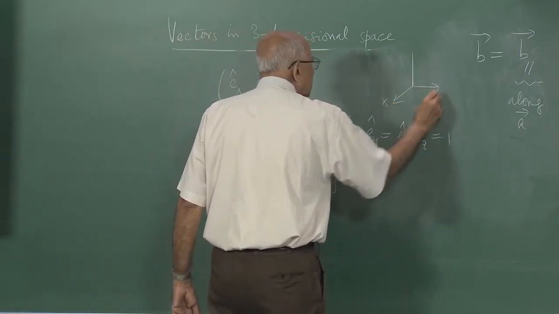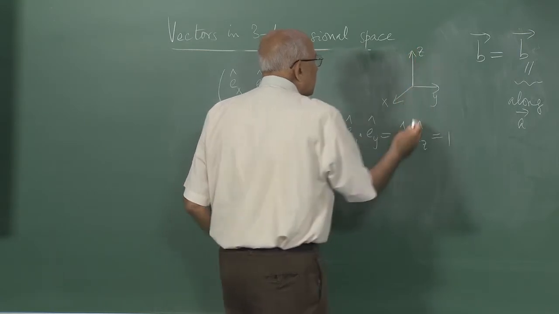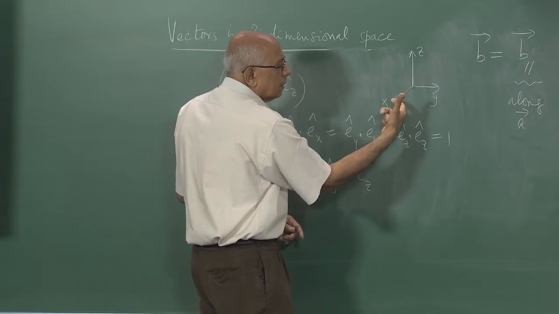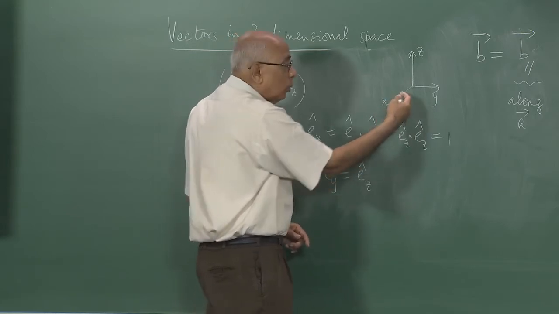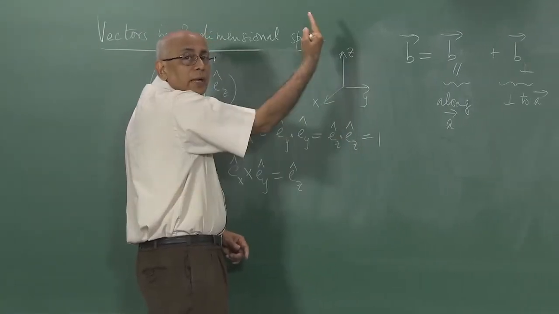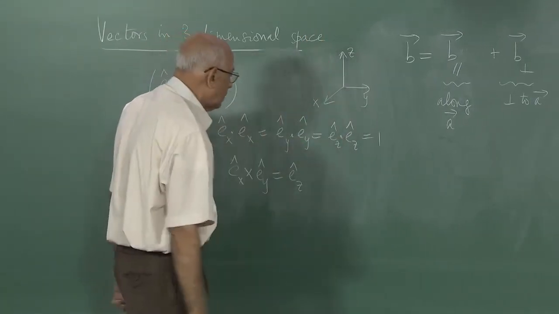here is x, here is y, here is z. So if you took the unit vector in this direction and you rotated it through 90 degrees up to Ey, then the screwdriver, a right-handed screwdriver, would move in the direction of Ez. So that is a right-handed coordinate system.